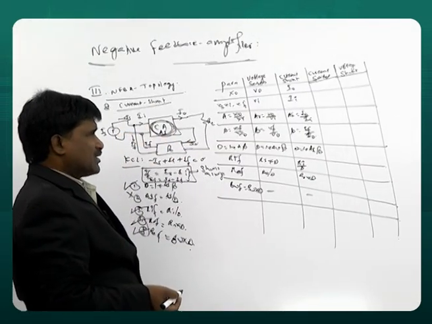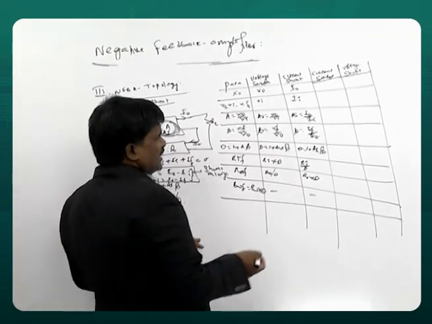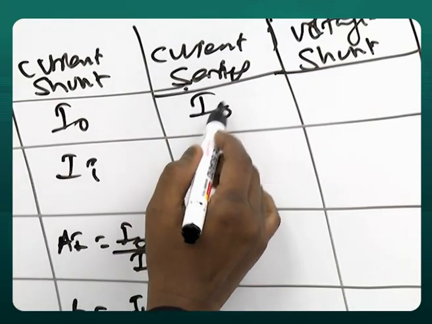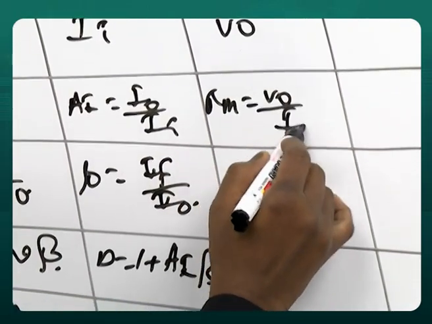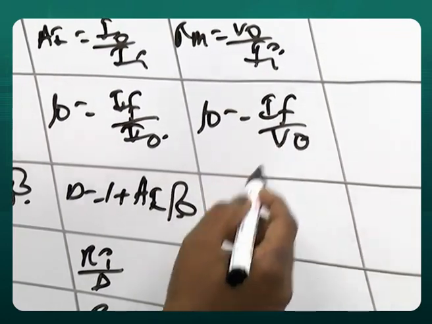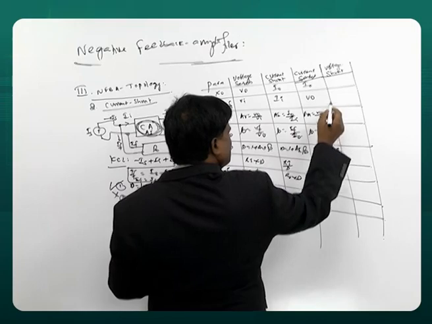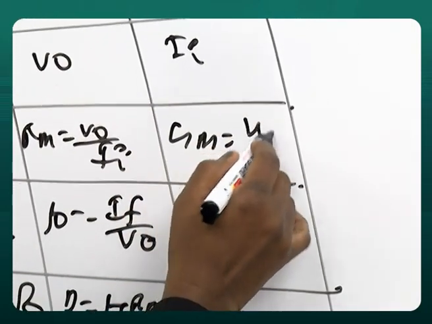So voltage series, current series. Current series means output is current, input is voltage: current by voltage, Gm, 1 plus Gm beta.